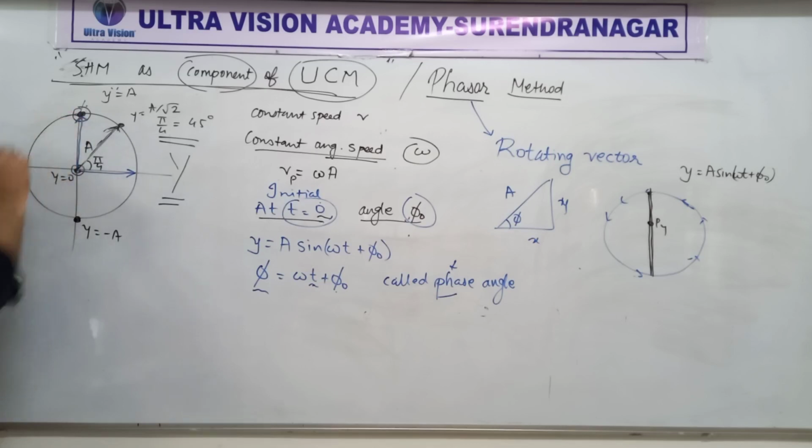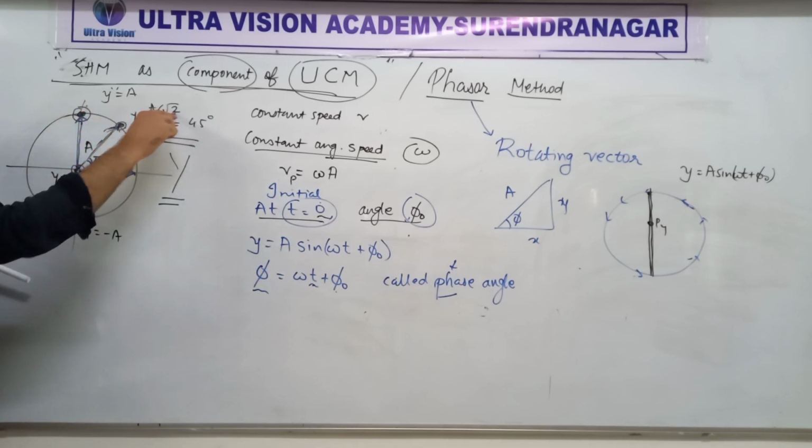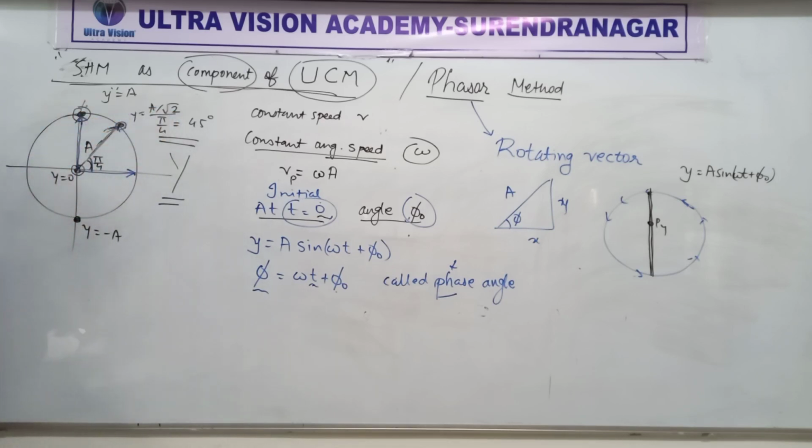In angle, this is where the angle is 0, this is where the angle is pi by 2, so this is halfway. It is halfway in angle, not halfway in distance. This is 0, this is a, this is not a by 2. Clear?